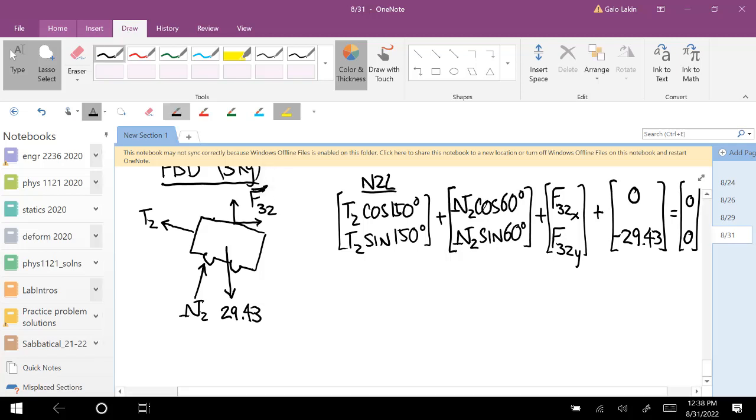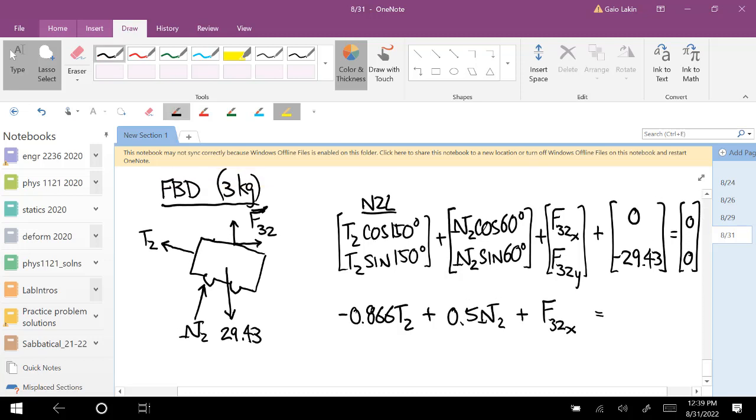So that says negative 0.866 T2 plus 0.5 N2 plus F32X is equal to 0.